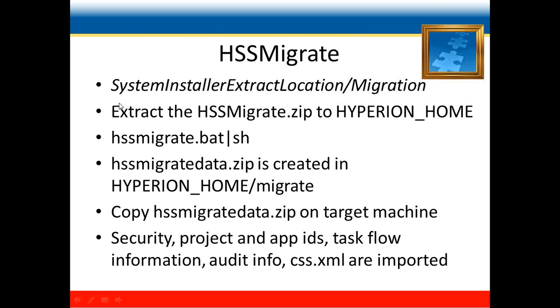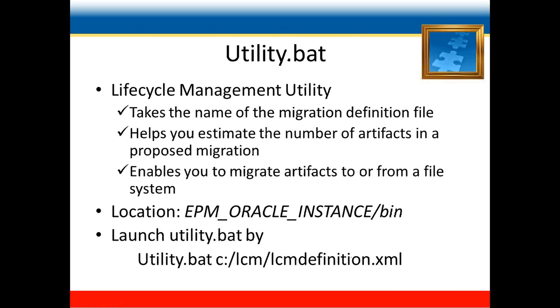So this utility basically contains all the security related information, all the project related information, all the application IDs, task flow information, audit information, and a css.xml file. So basically this file gets imported while running this utility.